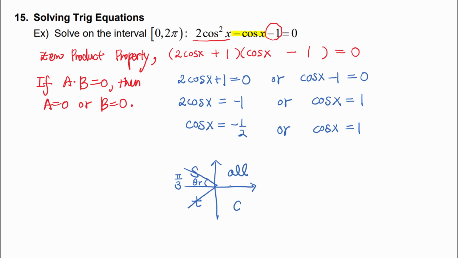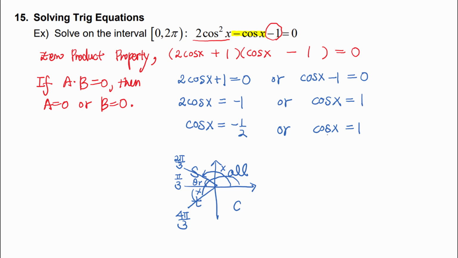And to obtain this angle x, you do pi minus pi over 3. So you get 2 pi over 3. And to obtain this x, that's pi plus pi over 3. So you get 4 pi over 3.